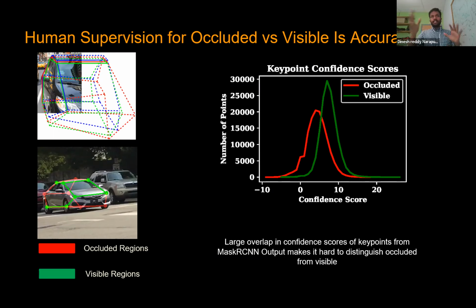As you can see, there is a huge overlap between the confidence scores of the Mask Gaussian predictions for visible and occluded. This emphasizes that you need to learn occlusions specifically to better predict keypoints in cars or other regions.